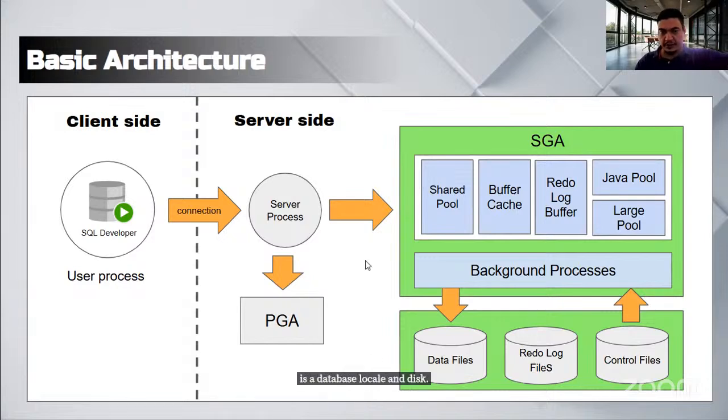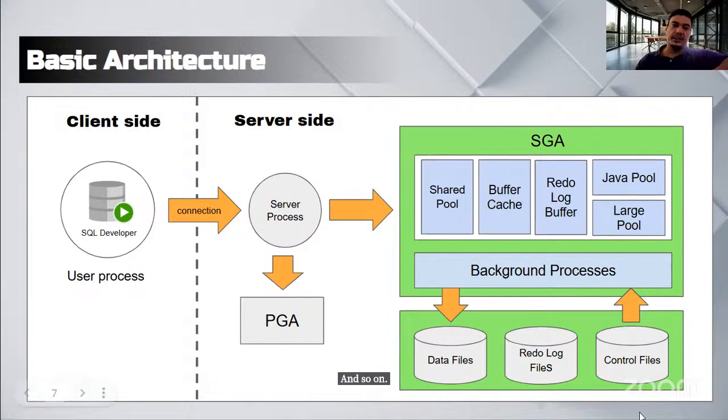Redo log files are the log of transactions, and the control files are files that the database uses to control the database and execute tasks. Here you have the database name, addresses, pointers, and so on.